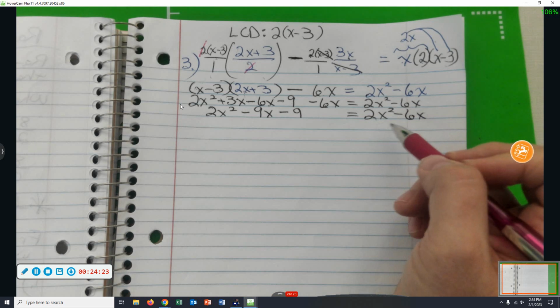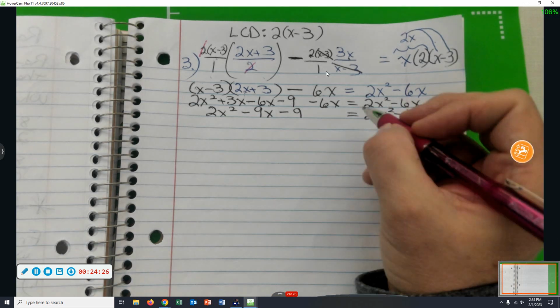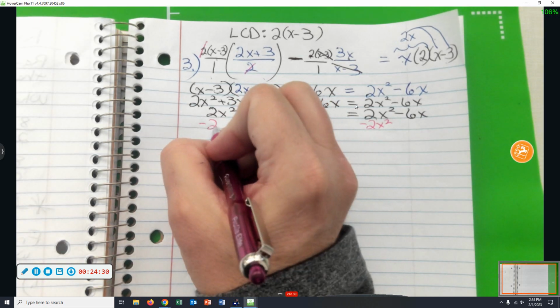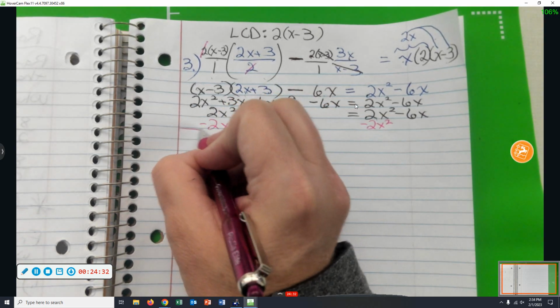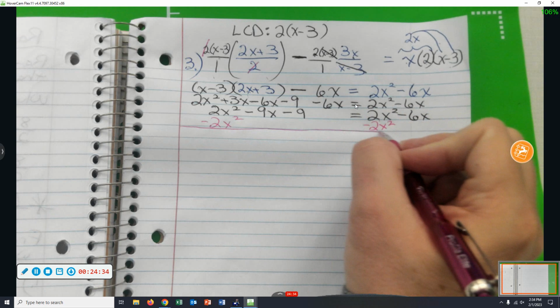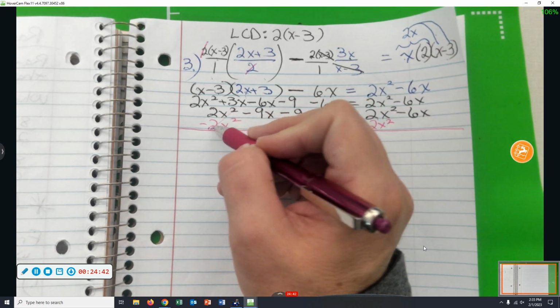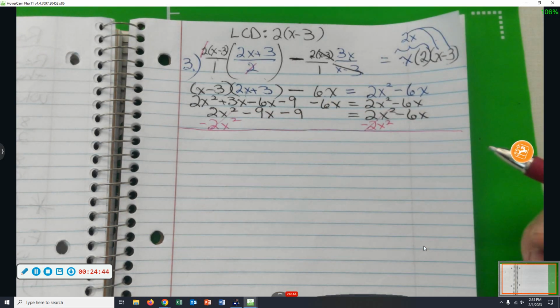What would I have to do to both sides? Subtract 2x squared. Look at what we're getting. What's about to happen to the square terms? They're canceling out. 2x squared minus 2x squared.